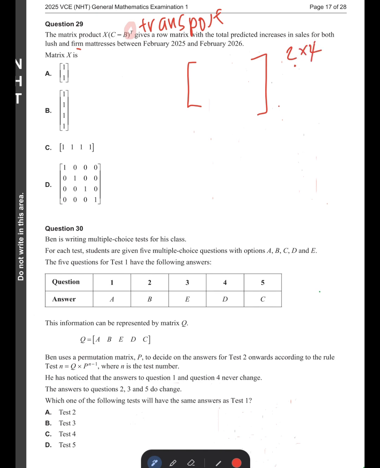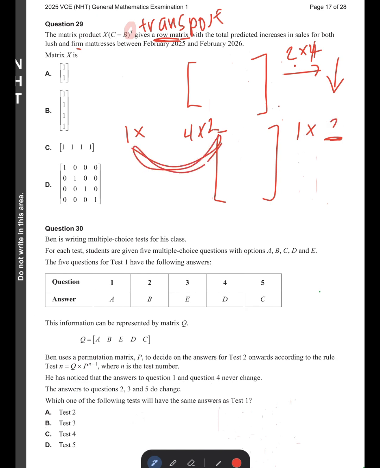And then we're going to transpose that, which means our rows are going to become our columns. So that's now going to be a 4x2. So I want to get a row matrix, and we know row matrices are always going to be 1 by something, which means my first one here, in order to make that a 1 by 2, must be a 1 by, and then to multiply, it has to be a 4. So we're looking for a 1 by 4, which is going to be C.